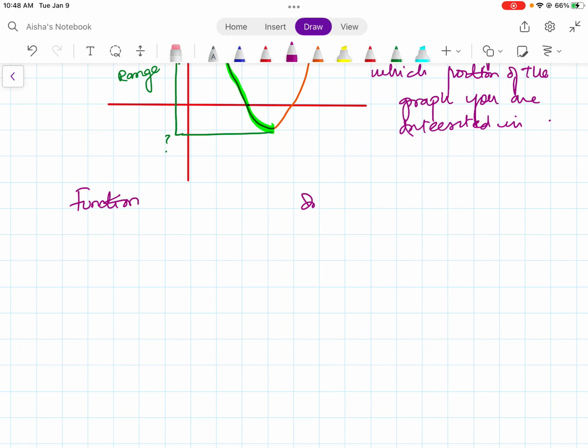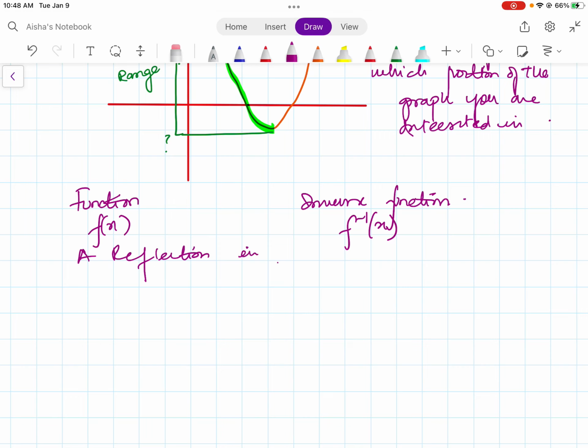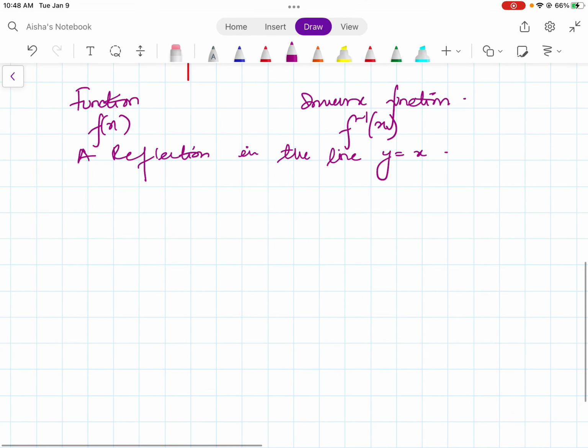What is a function and what is an inverse function? It's basically a reflection in the line y is equals to x. The domain of the function becomes the range of the inverse function. Why does that happen?